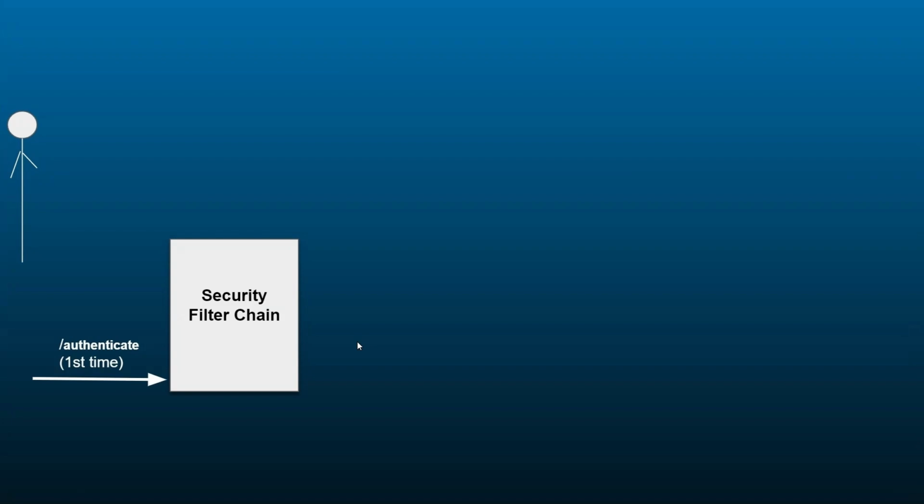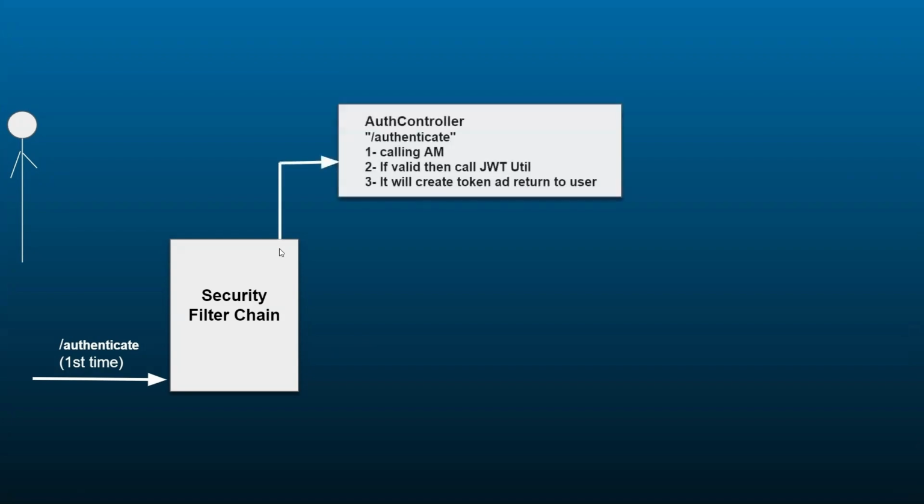If it is not secured, then this request will get diverted to the auth controller. This controller we have to write as a developer. Inside this, there is an authenticate API, and we have to write some logic. Let me explain what kind of logic we have to write here in the auth controller.